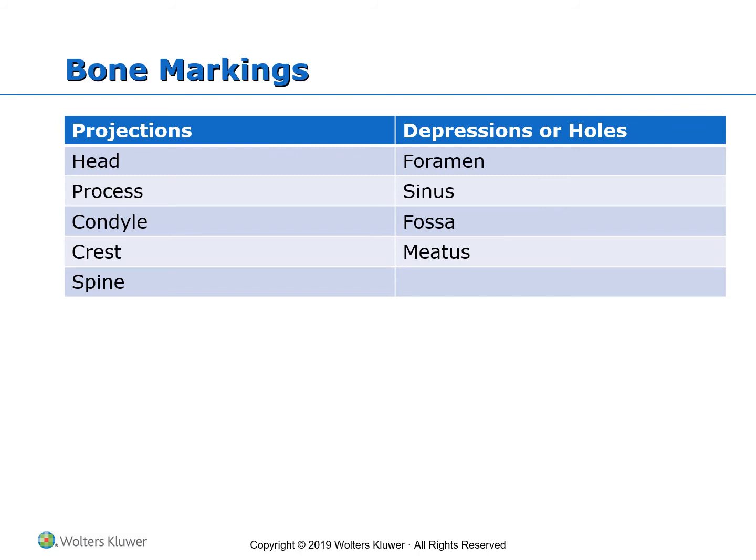We can see a fossa, and the fossa is a depression, like a tiny kind of valley inside the bone surface. And we have what is called a meatus. That's a short canal or a passageway. An example of that is the meatus, the canal in the temporal bone that goes to the inner ear.